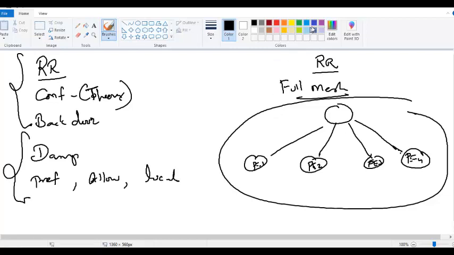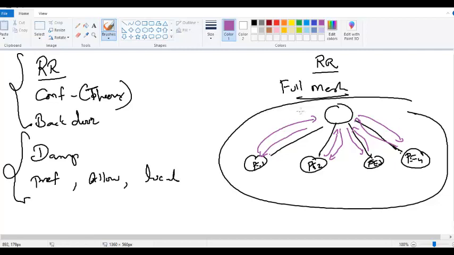But now you don't need full mesh. Every router will form a neighbor only with the hub router, not with the other PE routers.